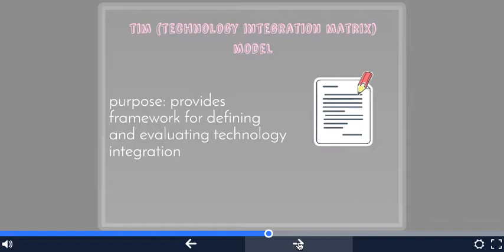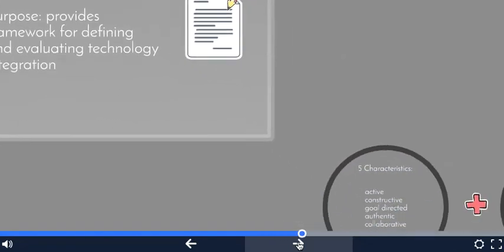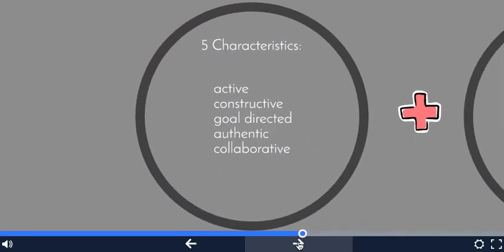Number 4 is TIM, Technology Integration Matrix Model. The purpose of this is it provides a framework for defining and evaluating tech integration. It gives teachers and administrators a common language for setting goals. So this combines 5 characteristics plus 5 levels of technology integration to create a matrix.